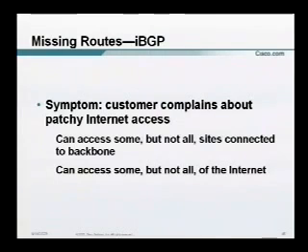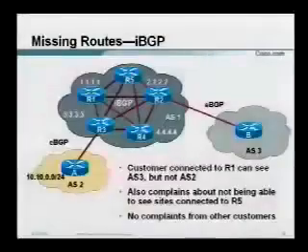When you see things like that, I mean, if he's complaining about poor performance, that's nothing to do with BGP, usually. But he's complaining about, oh, he can get to half of Europe, and he can only see your West Coast operation and nothing in the East. You should try and start suspecting IBGP problems. I mean, if you see nothing wrong with your network otherwise, try and suspect an IBGP problem. It's more than likely to be that.